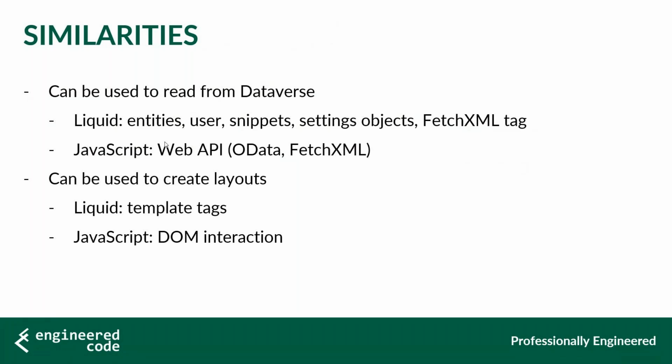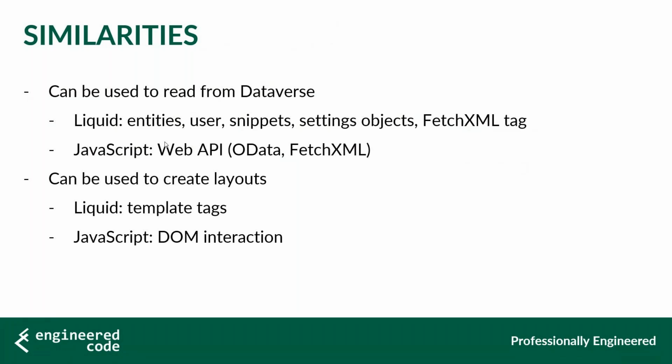You can also get access to the person who's logged in right now. And so within Power Pages, the current user is always a contact. So the user object gives you access to the currently logged in contact. You can also get access to things like content snippets. There's a settings object, so if you want to get access to site settings, you can also use the fetchxml tag to execute pretty much any sort of arbitrary fetchxml query that you want.